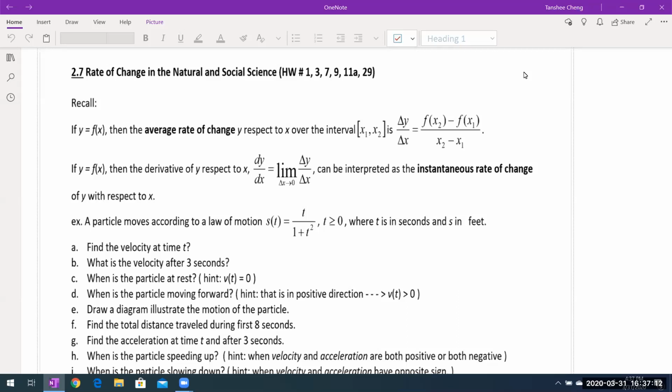For example, in physics, one of the examples that we already saw is the position function. When you take the derivative of the position function, it will give you what? The velocity function. And if you take higher derivatives, which is the derivative of the velocity function, we get the acceleration function, right? Those are basically talking about the rate of change of the functions.